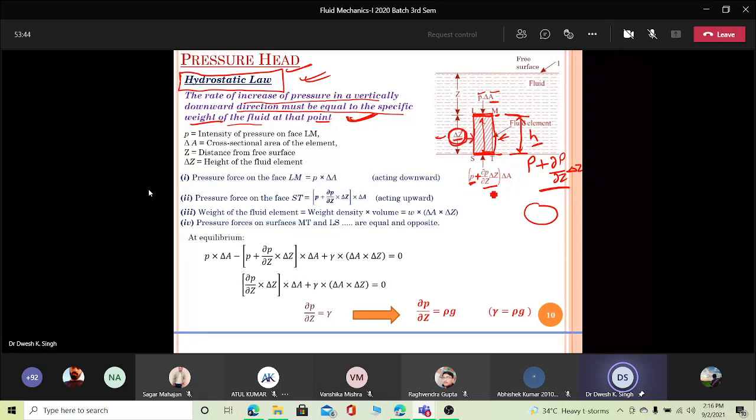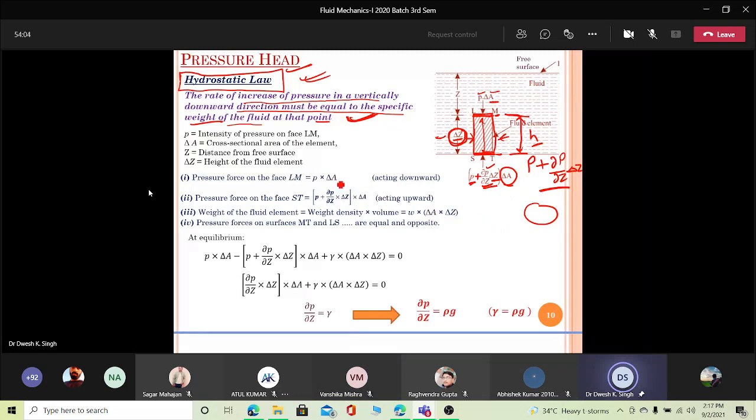Because your pressure is changing with respect to Z, we have to consider del P by del Z, up to which height? Del Z. Clear? And when you multiply with area, it will come out as force.